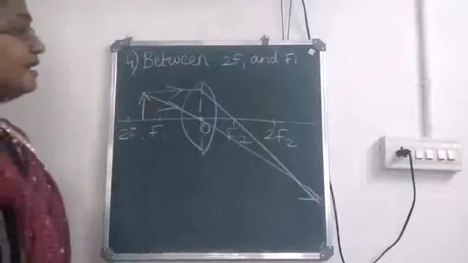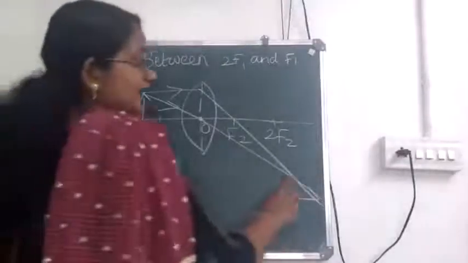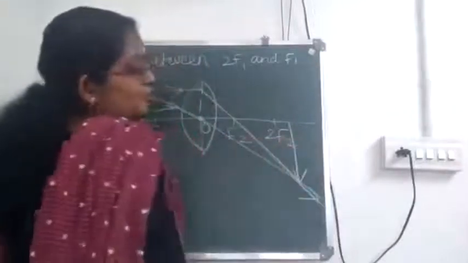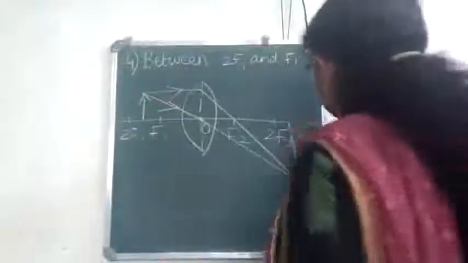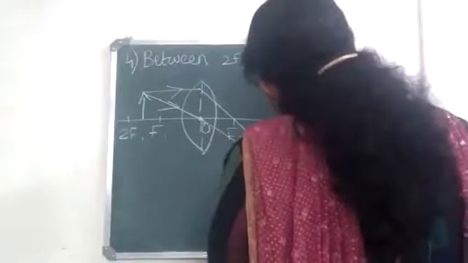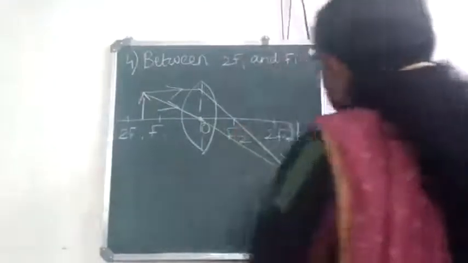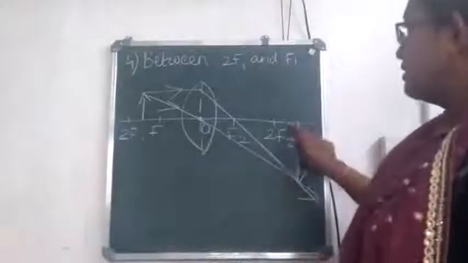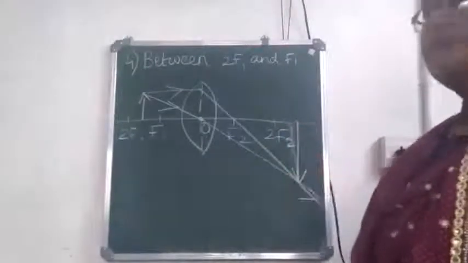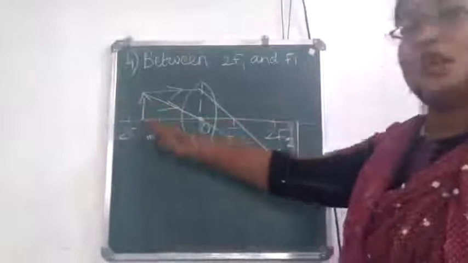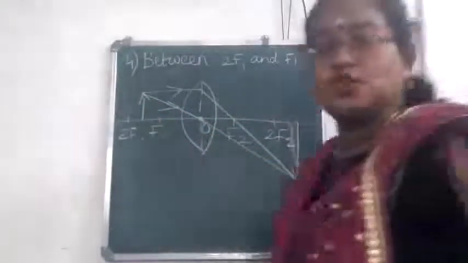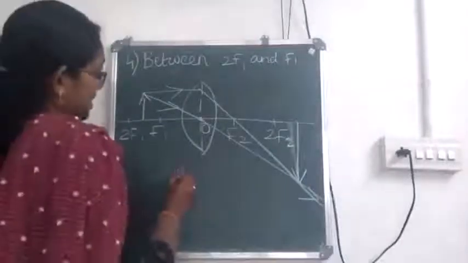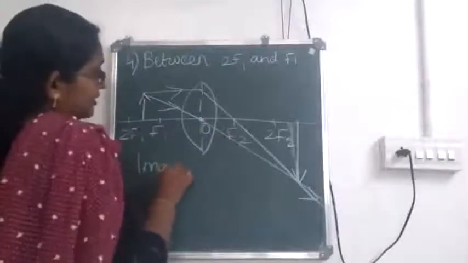Then where did these two rays meet? It meets behind 2F2, isn't it? It should come behind 2F2. Then, what about the size here? This is the size of the object and this is the size of the image. So, what can you say? It is magnified.